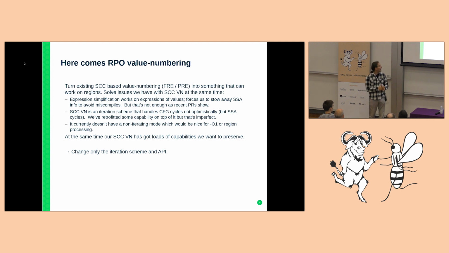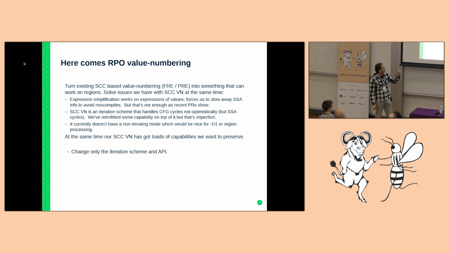So I actually improved the SCC value numbering in the last years to handle some of the cases by carefully ordering in which order we process the SCCs. So hopefully we get some of the conditions computed to always false before we actually need to look at the backedge thing.